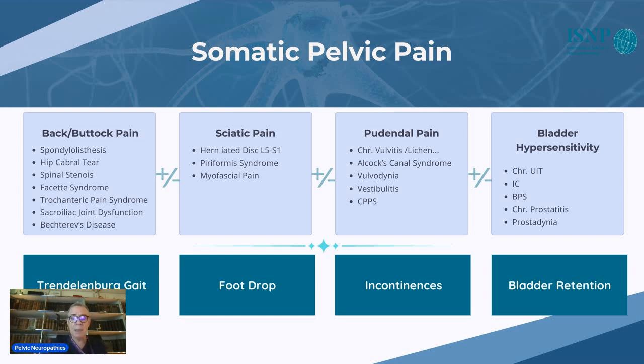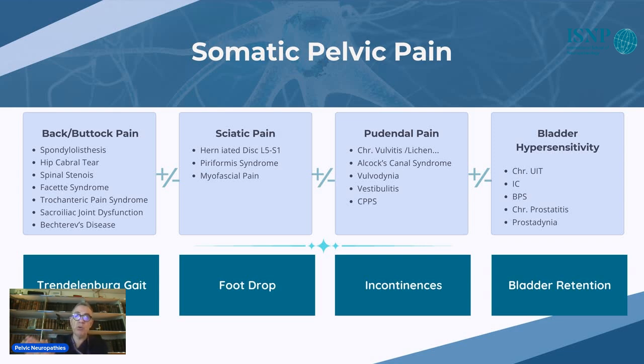And the problem in the daily work as a gynecologist, orthopedist, or urologist: if you see a patient with back pain as an orthopedist, you will evoke a pathology like spondylolisthesis, hip problems, spinal stenosis, facet stenosis, and of course, if you are suffering from sciatic pain, the diagnosis number one will be a disc hernia.